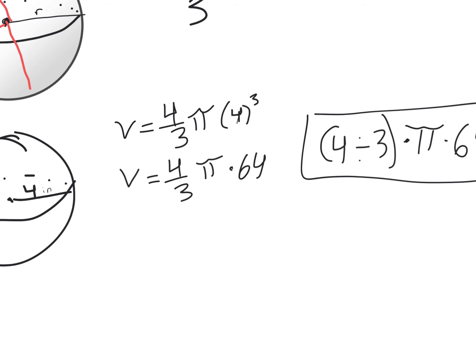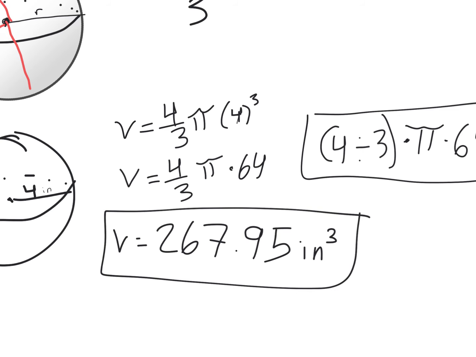And then I'm going to divide that by 3. And I get a volume that's equal to 267.946. So I'll say 95 to round it to the nearest hundredth. And this was in inches, so this will be in cubic inches. Our volume will be cubic inches. So that's our answer right there.